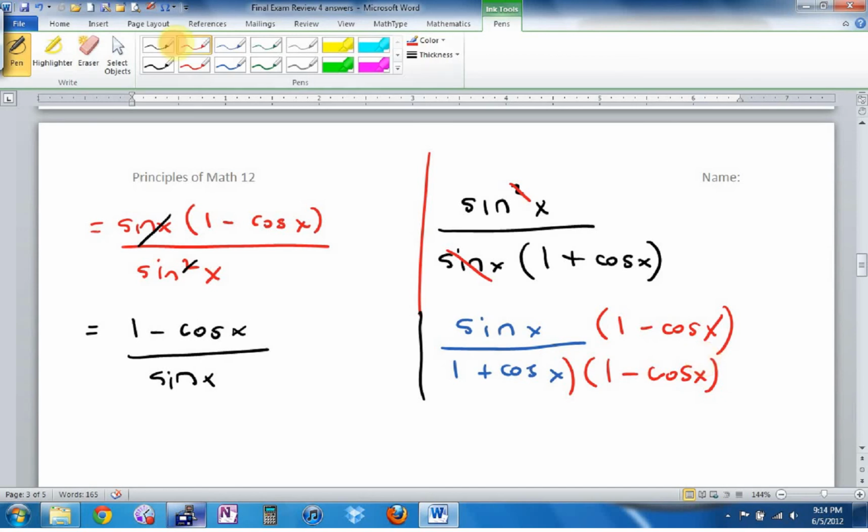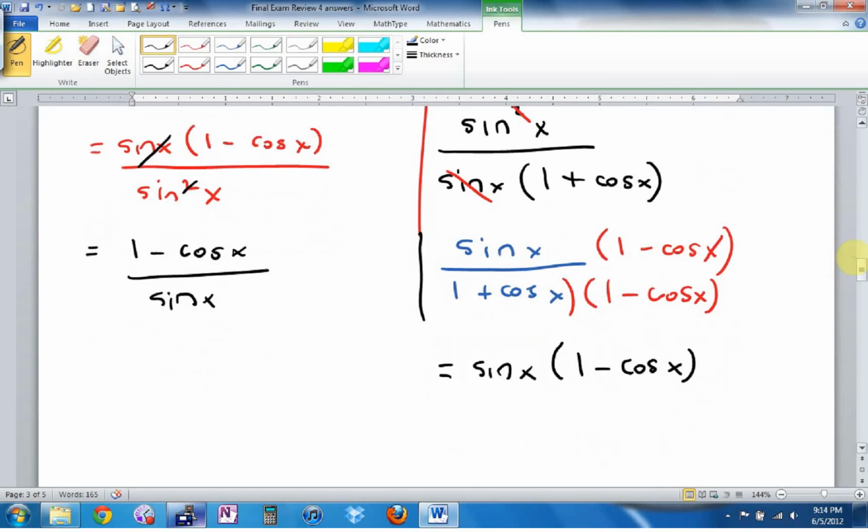What's that going to give me? I'm going to leave the top factored as is for now: sine x times 1 minus cos x. The bottom, when I FOIL this out, I'll get 1 minus cos squared.